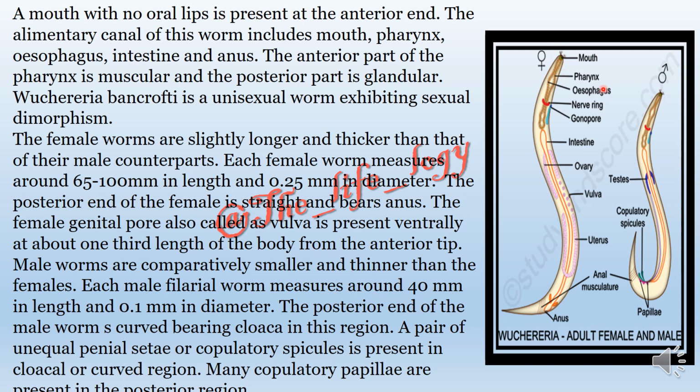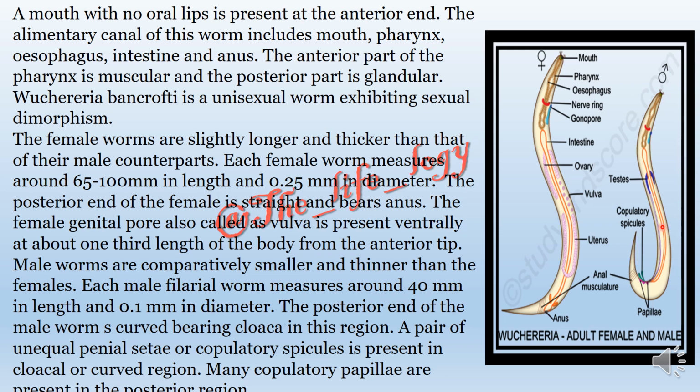Male worms are comparatively smaller and thinner, as you can see in the picture also. Each male filarial worm measures around 40 mm in length and 0.1 mm in diameter.